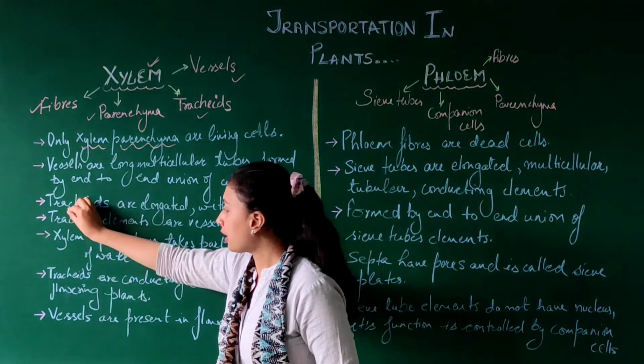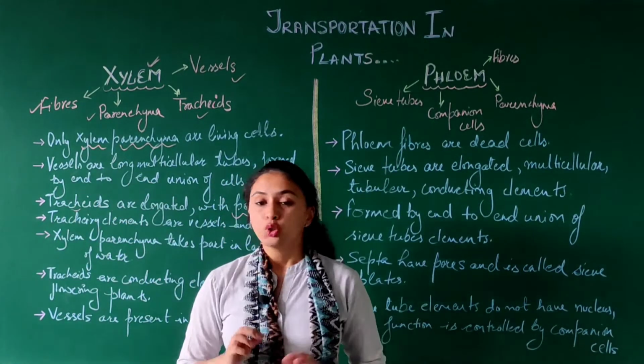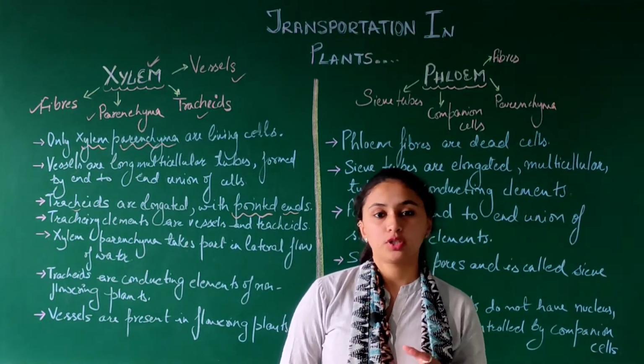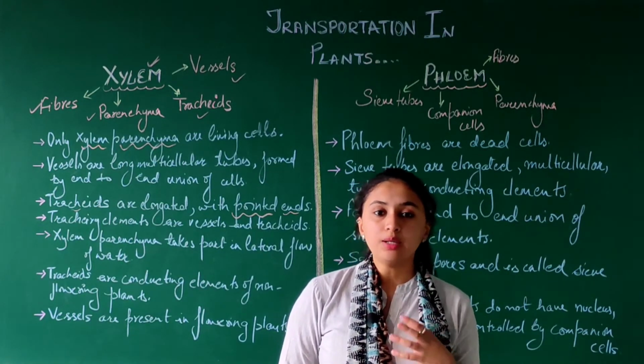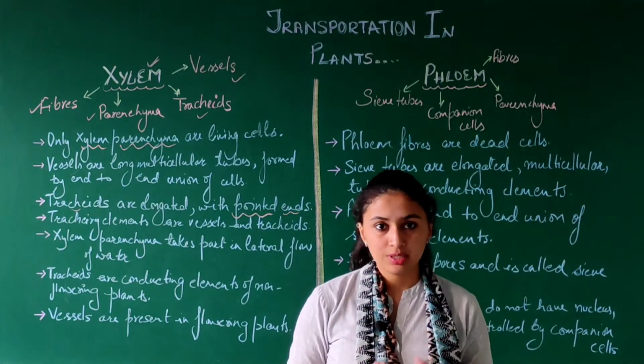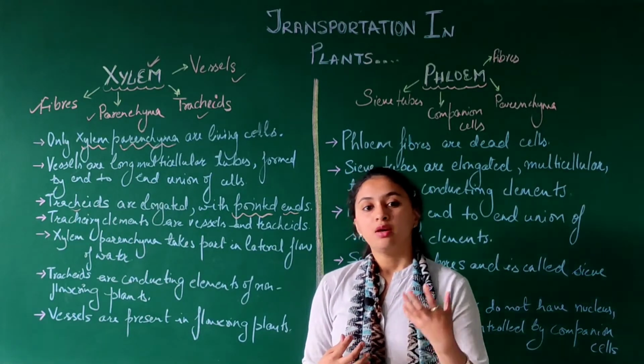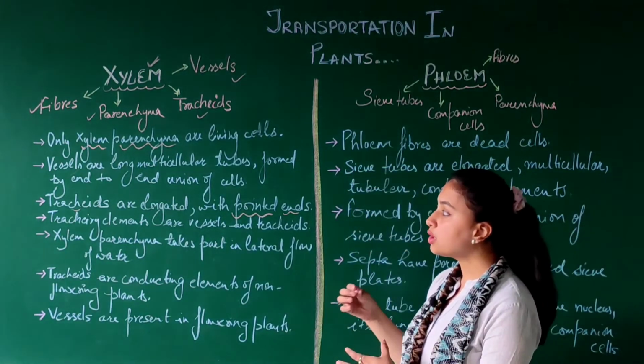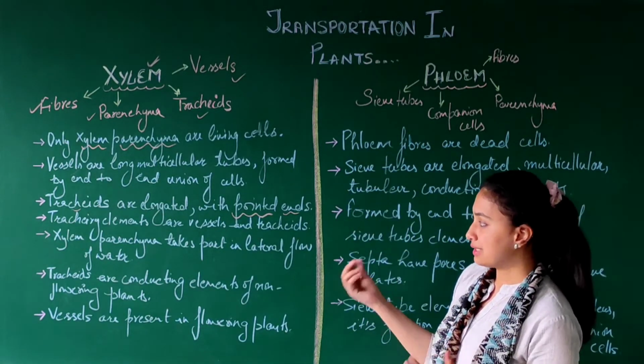Both tracheids and vessels together are known as tracheary elements. Their function is the same, the conduction of water and minerals, means the sap. Sap is water plus minerals, together we call it sap. So they both help to transport that sap.